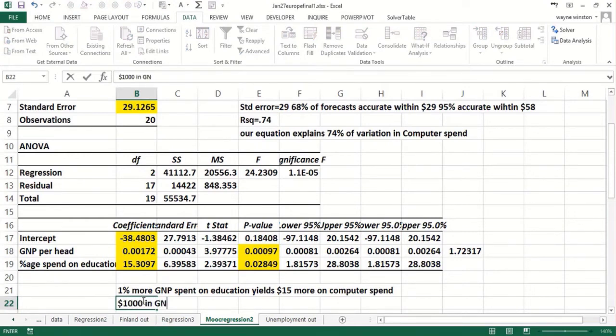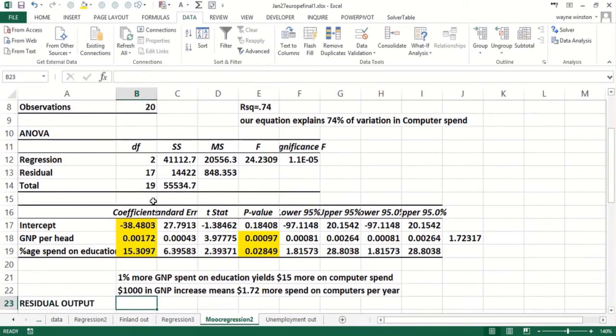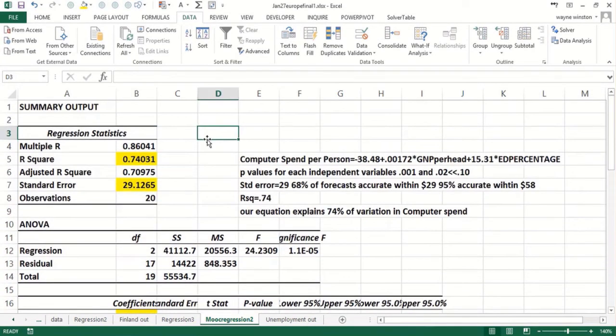This is all interpreted after adjusting for the other variables, the phrase is ceteris paribus. It means basically about $2 more spent on computers per year. And we'd expect 95% of our forecasts to be accurate within $58. Is that good enough? Well, it's the best you can do.